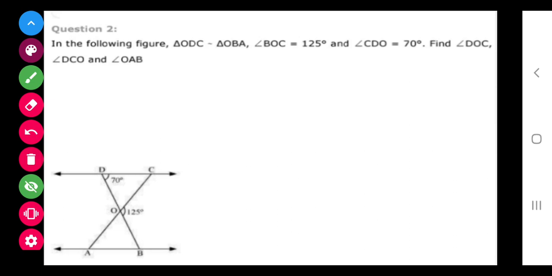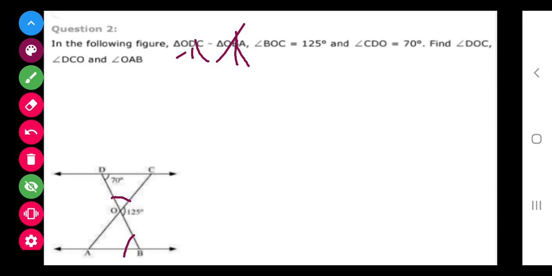If these two triangles are similar, then angle O is equal to angle O, angle D is equal to angle B, and angle C is equal to angle A. Now angle D is equal to angle B, so this is 70.